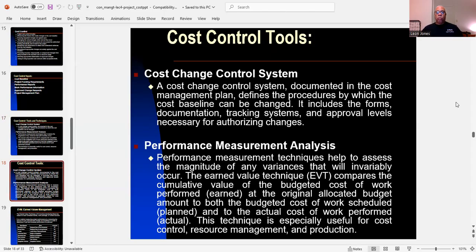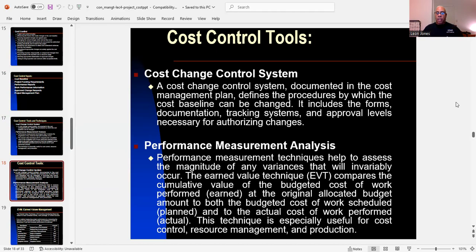This technique is usually useful for cost control, resource management, and production. Then under cost control tools, again, we have our cost change control system, documented in the cost management plan, which defines the procedures by which the cost baseline can be changed. It includes the forms, documentation, tracking systems, and approval levels necessary for authorizing changes. Under performance measurement analysis, again, these are techniques utilized to help assess the magnitude of any variances that will invariably occur.